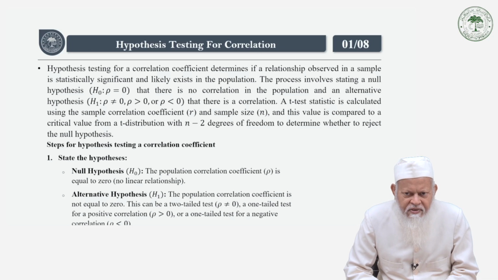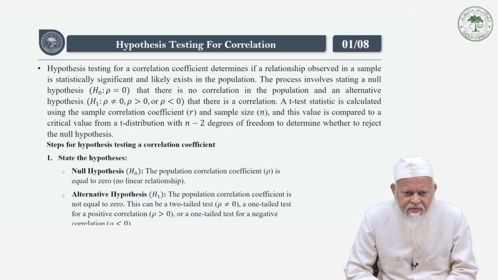A t-statistic is calculated using the sample correlation coefficient and sample size, and this value is compared to a critical value from a t-distribution with n-2 degrees of freedom to determine whether to reject the null hypothesis. So the degree of freedom here is n-2, the correlation coefficient is r, and the sample size is n.